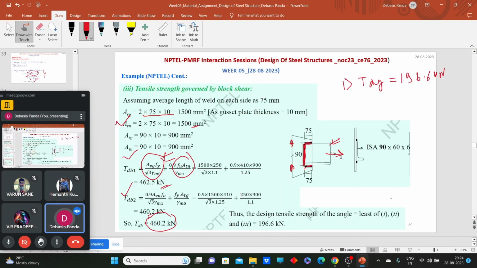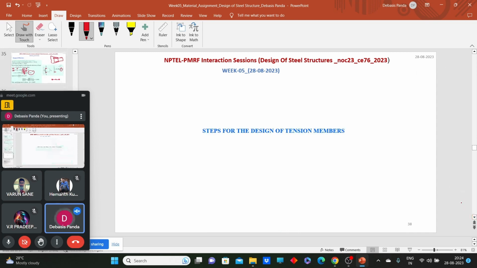Then we have the block shear strength as 460. So obviously this 196.6 kilonewton, the design strength due to yielding, will be the strength governing for this kind of connection. By this way, we have learned how to calculate the design strength of the tension member for plate sections as well as for the angle sections.